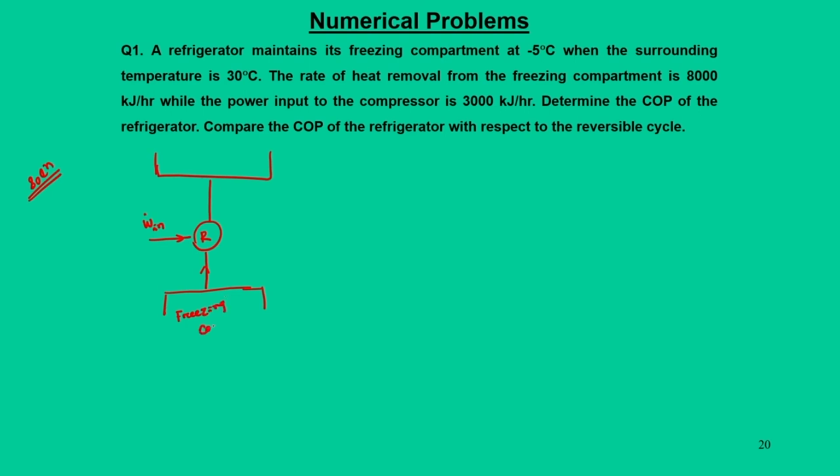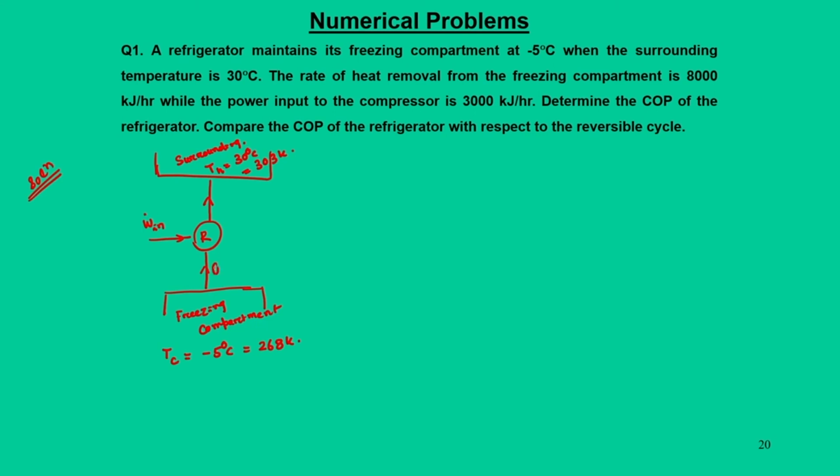This compartment is maintained at low temperature, that is minus 5 degrees centigrade, and this minus 5 degrees centigrade is nothing but 268 Kelvin, whereas high temperature which is surroundings, TH, is maintained at 30 degrees centigrade, and this is 303 Kelvin, and this refrigerator rejects heat.